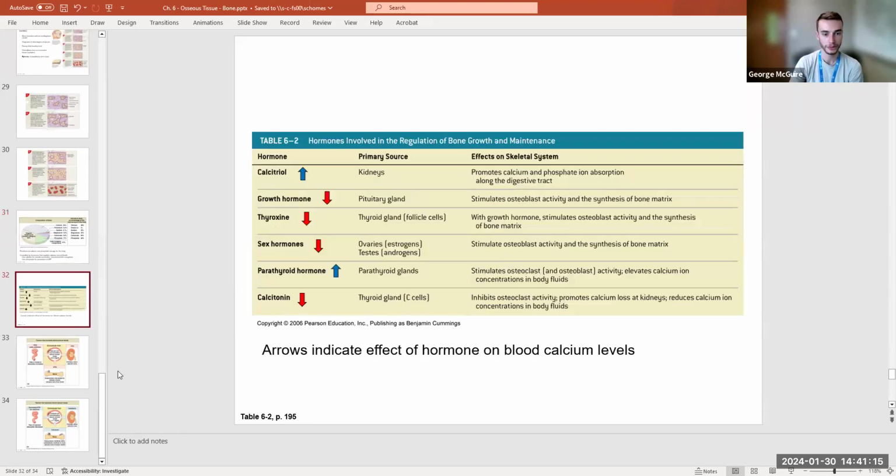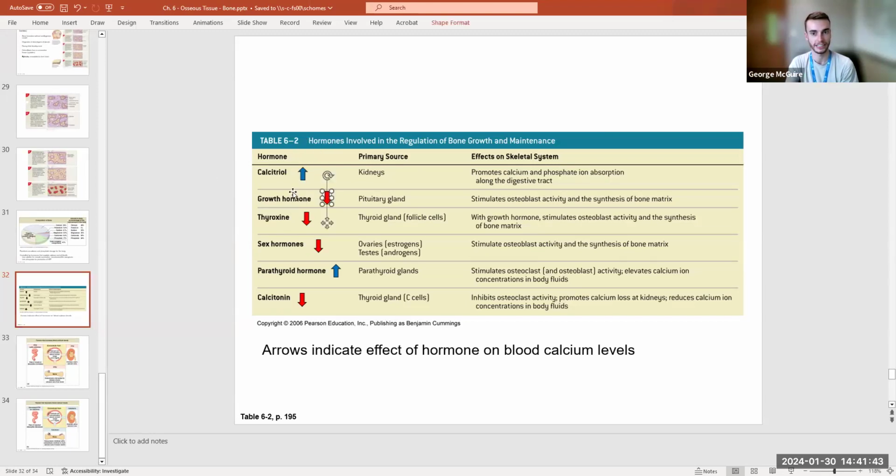And so we produce a few different hormones that are going to play a role in how much calcium is available to your body. Again, to help with that signal transduction, to help with muscle contraction, to help with providing energy, right, ATP. And so I took this table from the text and added some little arrows to it. And these arrows are indicating the effect that each of these hormones has on the overall blood calcium levels.